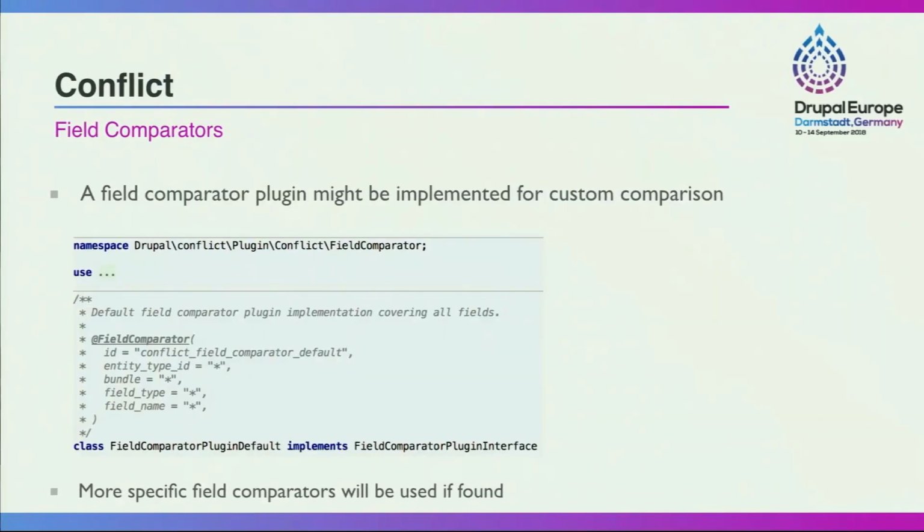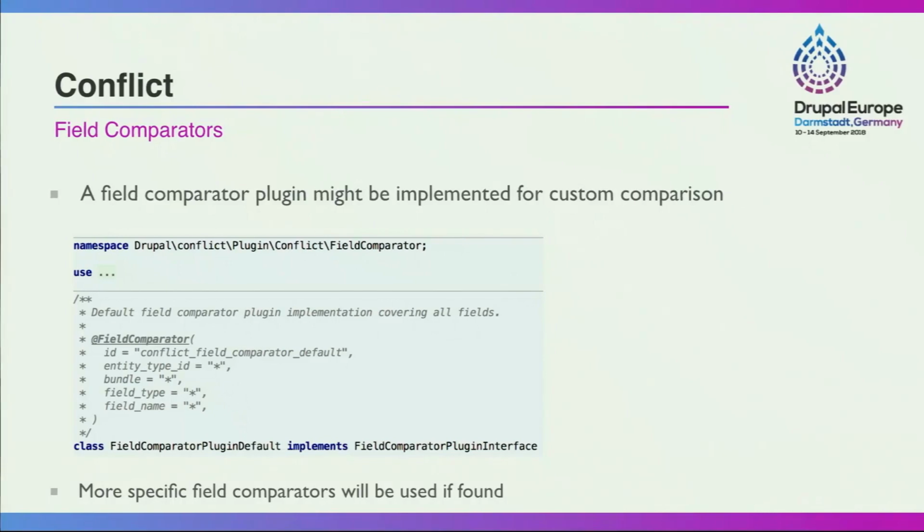So for the comparison, currently, we just use the normal equals method of fields. But I thought that it might be useful to provide a way to override that comparison for some complicated field types.